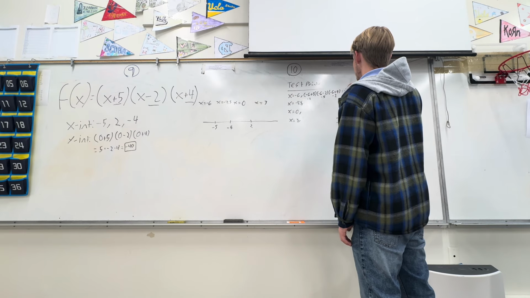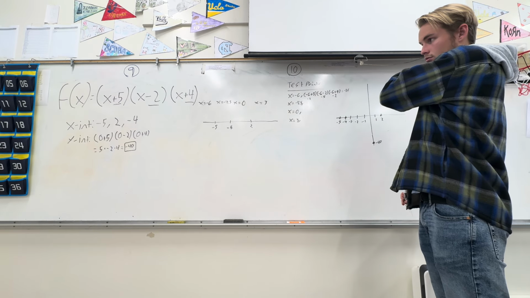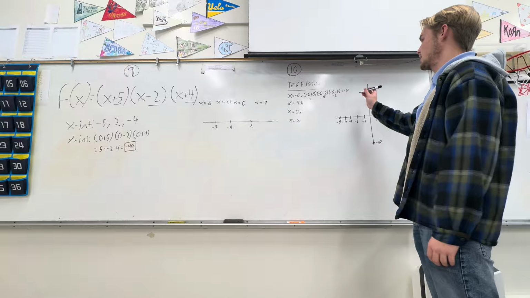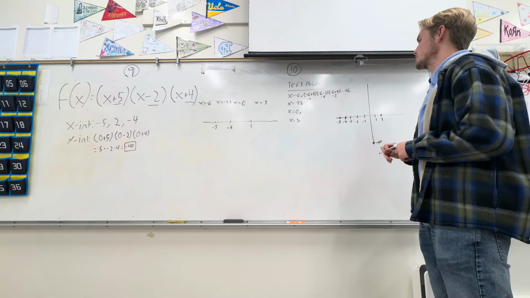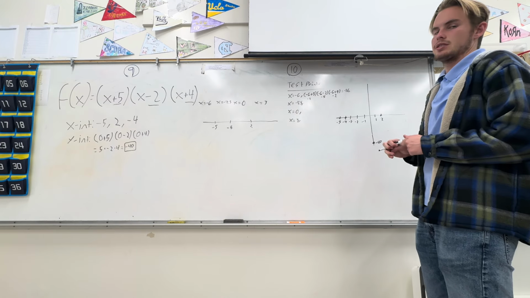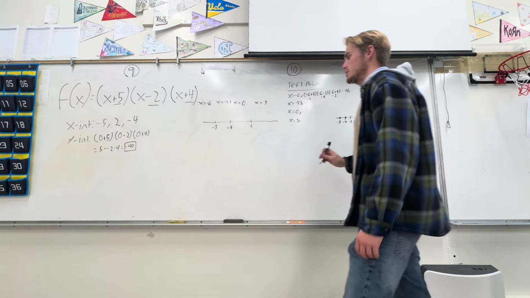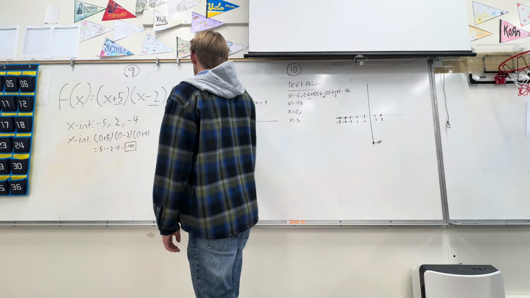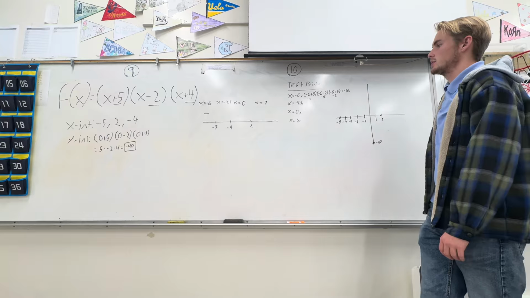So this should equal -16. This is a 16, excuse my horrible handwriting. We don't care about 16. We just care that we have a negative symbol in front of it. So that tells us this entire region is going to be negative, since we plugged in -6 and got a negative number.